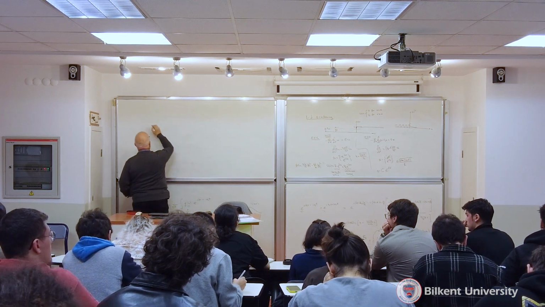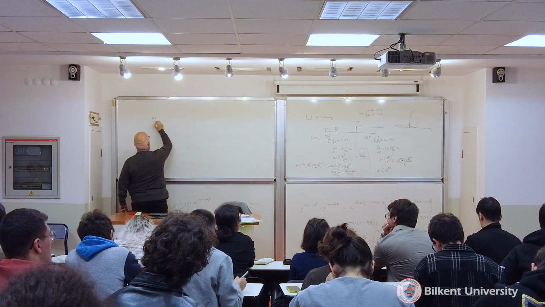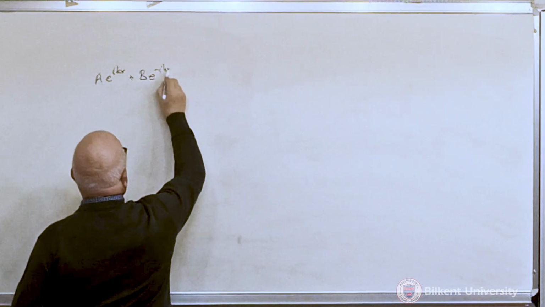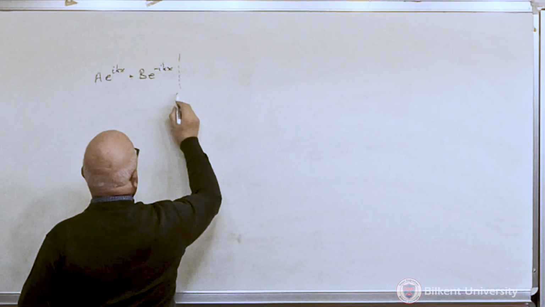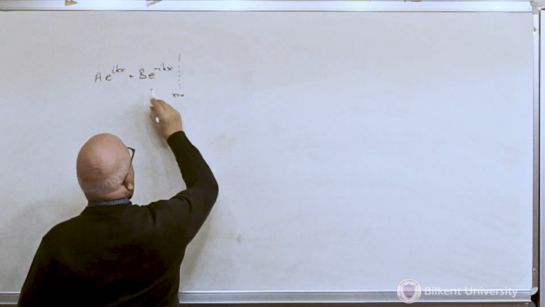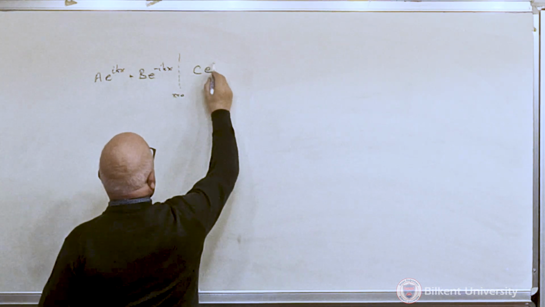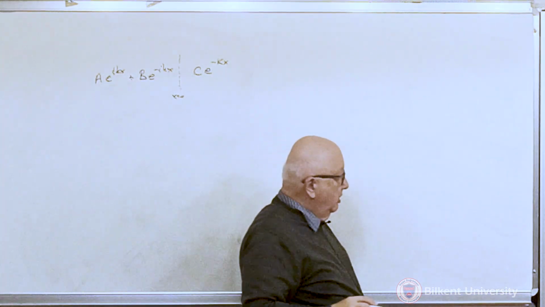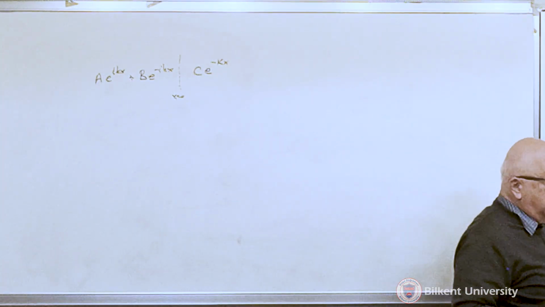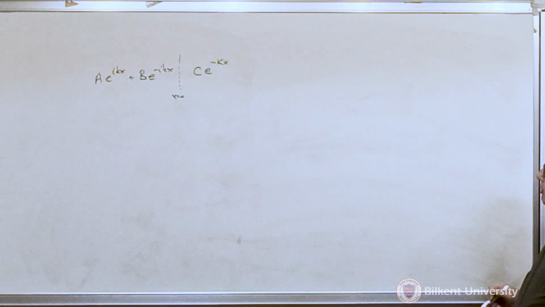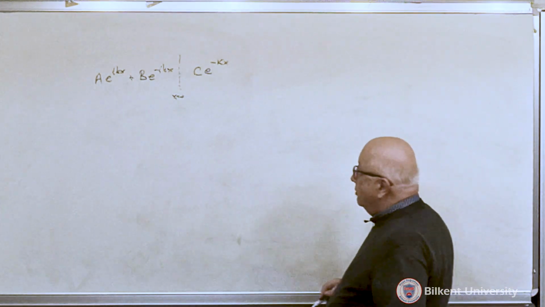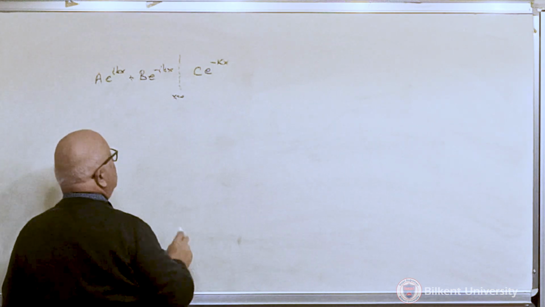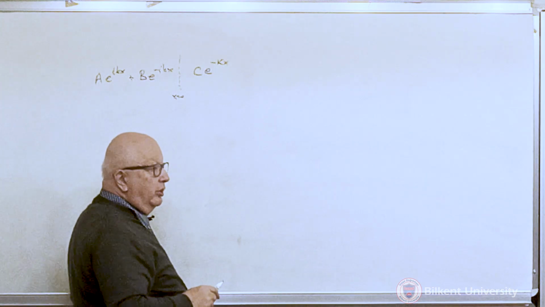So I have two types of solutions on the left, A e to the ikx plus B e to the minus ikx, and then there's this barrier at x equal to 0. And then to the right I have C e to the minus kx. Now, we'll have to match these solutions at the boundary. What do we mean by that?